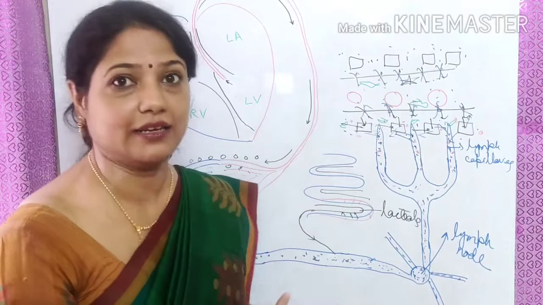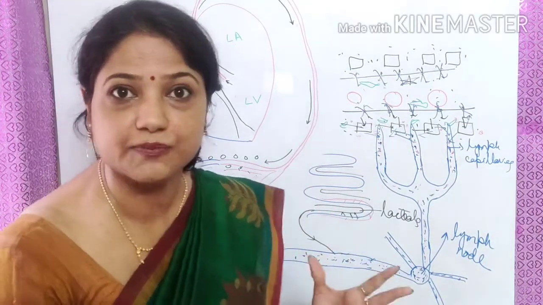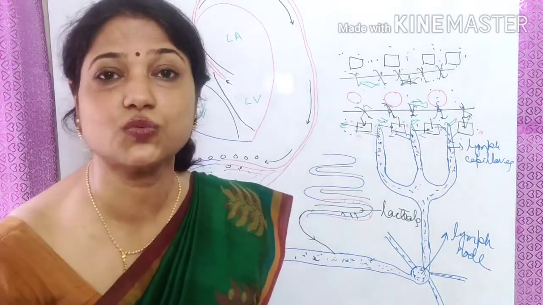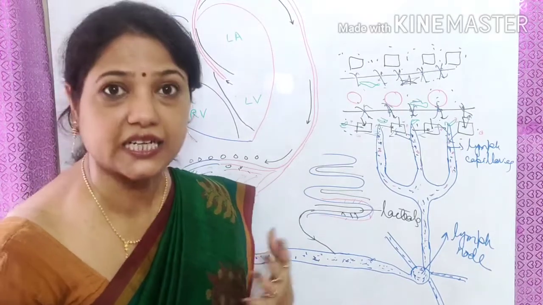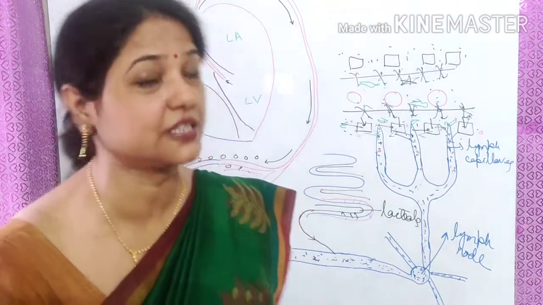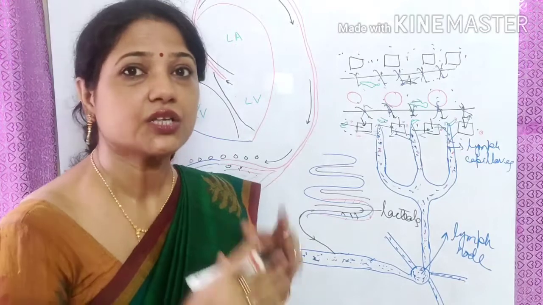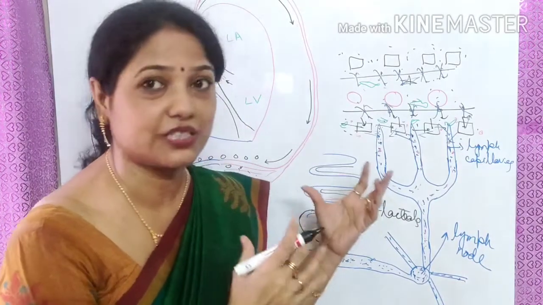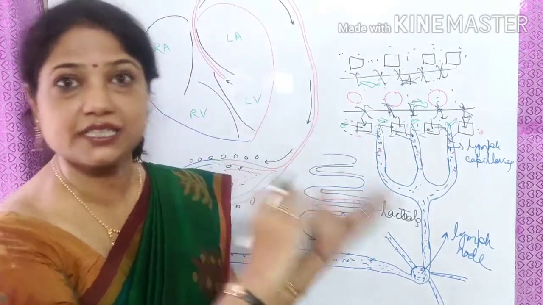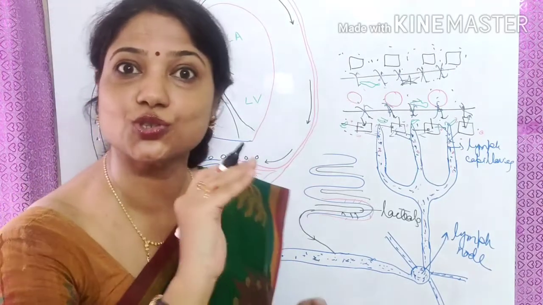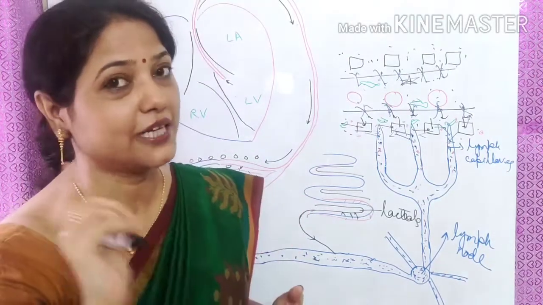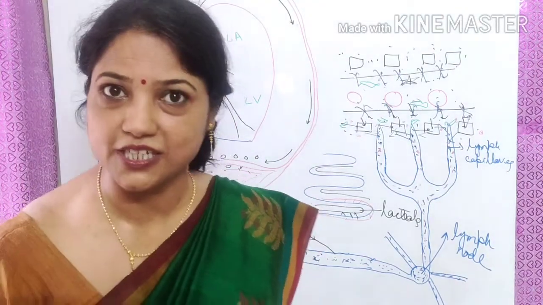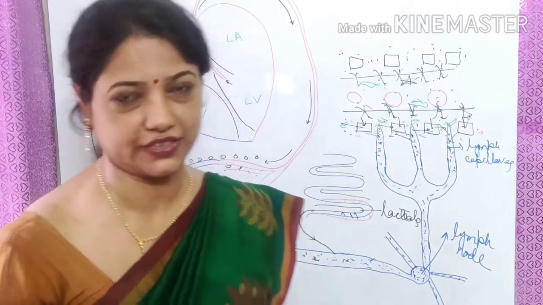And in the lymph, what is present? The blood plasma. Blood plasma contains enzymes, proteins, and it may contain some carbohydrate. So all these nutrients present in the lymph are supplied to those places where blood capillaries are absent. So this is the third function of the lymph.